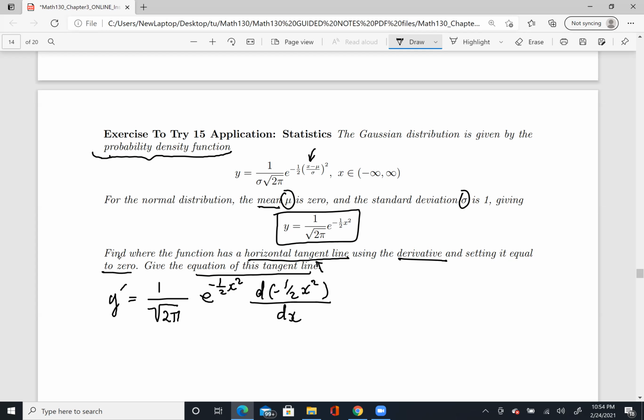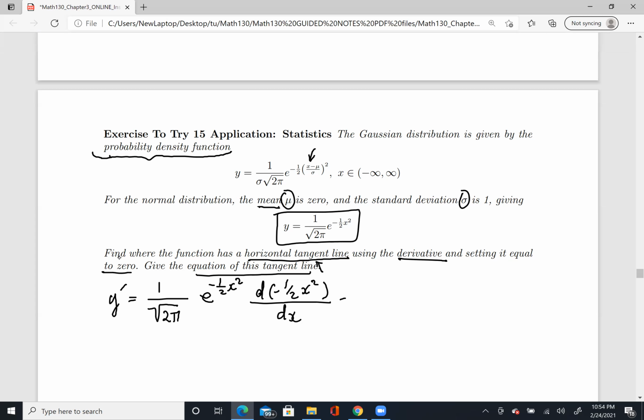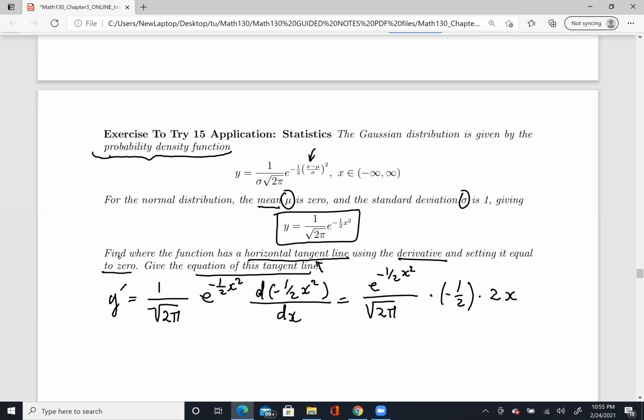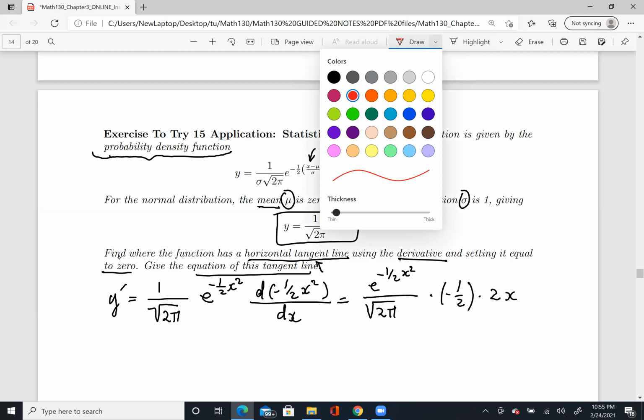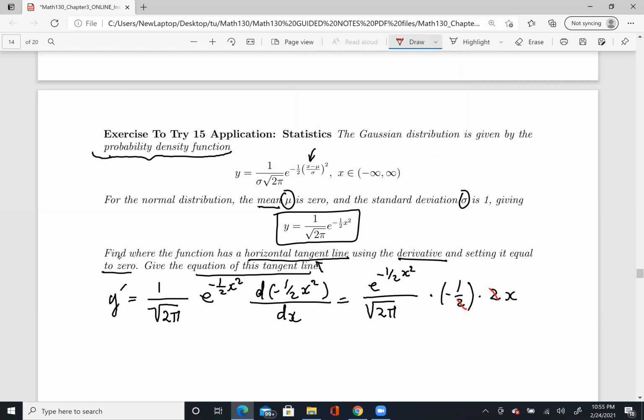And then I'm gonna have e to the negative 1/2 x squared over square root of 2 pi, multiplied by negative 1/2 first multiplied by 2 times x. And if you can see, there is something that you can cancel, such as 2 over here, right?